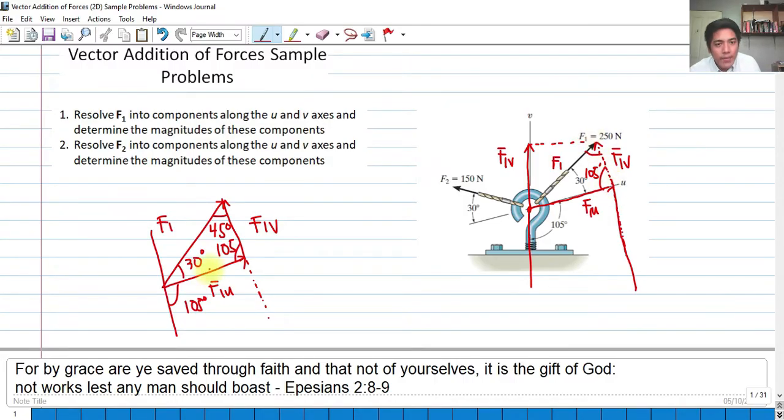So what will happen here is that if we're going to use sine law, for example, sine of 30 degrees over its opposite, which is F1v, is equal to sine 105 over its opposite, which is F1.